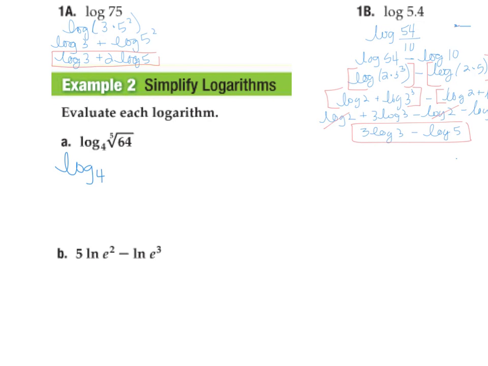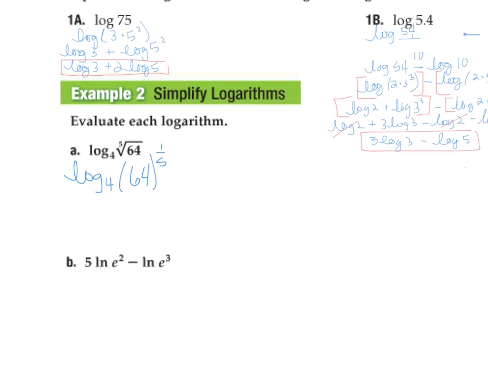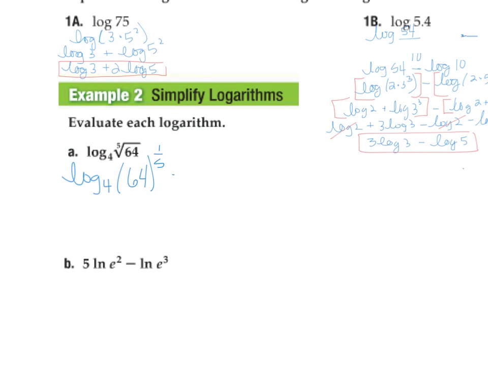So I've got log base 4. I'm going to rewrite 64 to the 1/5 power. So at this point, I'm going to take 64 and I'm going to write it as a power of 4. So that's the log base 4.